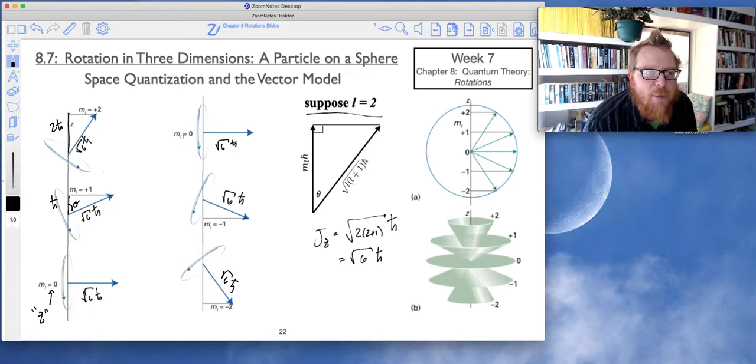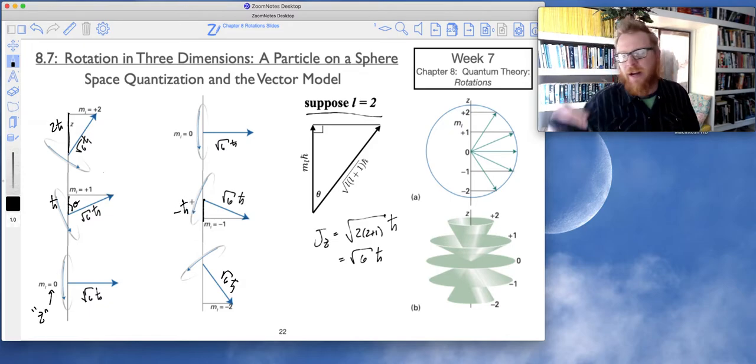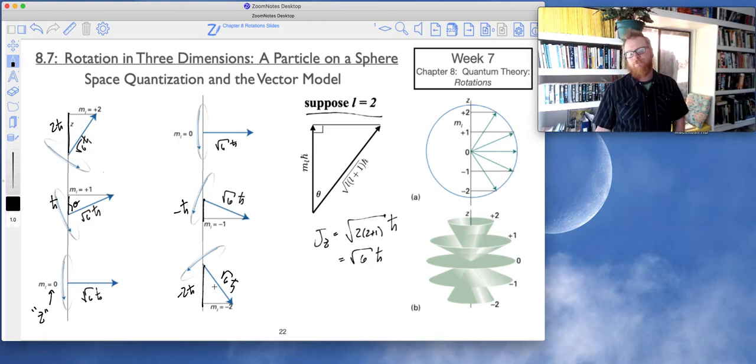So now I just drew the ml equals 0 state again so we can compare that to the ml minus 1 state. Now this length is minus h bar, so it's still h bar, but just in the other direction. And of course, now this length is minus 2 h bar.